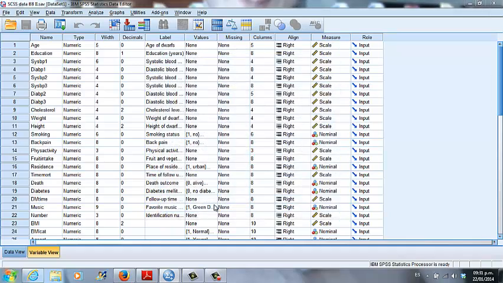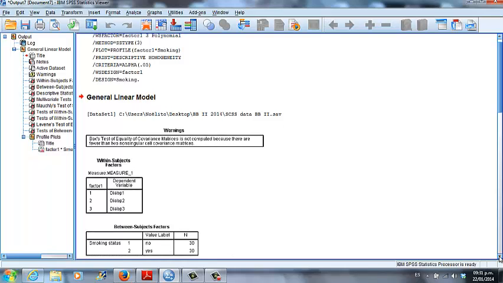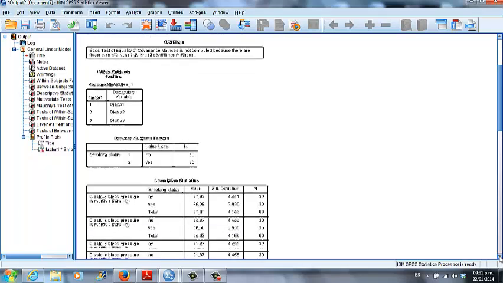We click on OK, and as usual our output window opens with a lot of different tables and pictures. Let us have a look at the different tables. First of all, it tells us the factor 1 consists of diastolic blood pressure 1, 2 and 3.